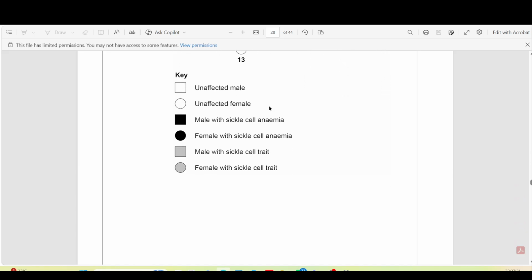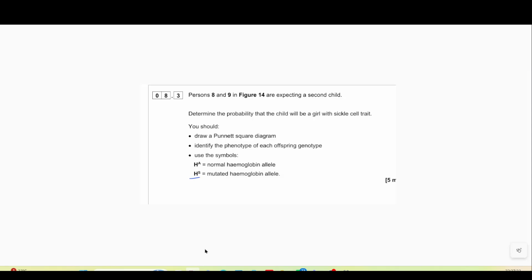So let's do the probability over here. This is normal, this is mutated, this is normal, and this is mutated.